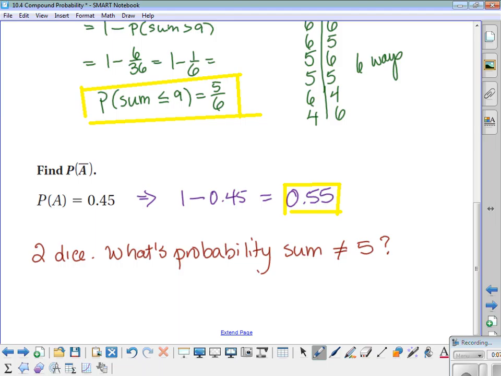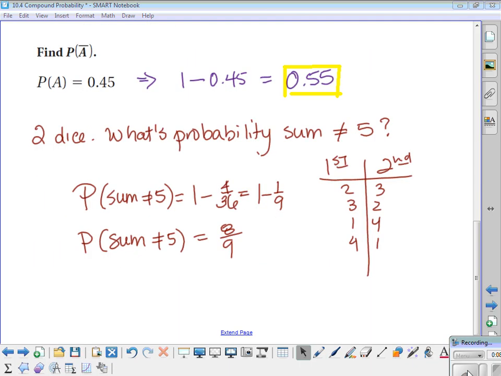Give you a second to do it. Okay, so you figured out that there were 4 ways that the sum could equal 5, and so 4 out of 36 reduces to 1/9, so 1 minus 1/9, and you get the probability that it's not equal to 5 is 8/9. All right, let's take a look at another question.